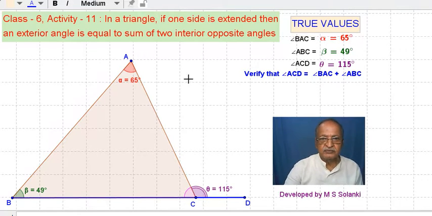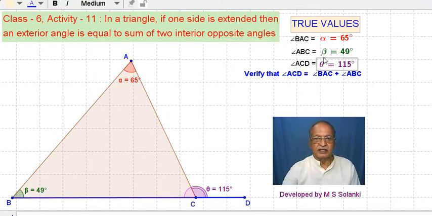Now some of the values are here in the figure. Angle BAC is alpha, equal to 65 degrees. Angle ABC is represented by beta in the figure, and it is 49 degrees, and angle ACD is equal to 115 degrees. Well, 49 plus 65.